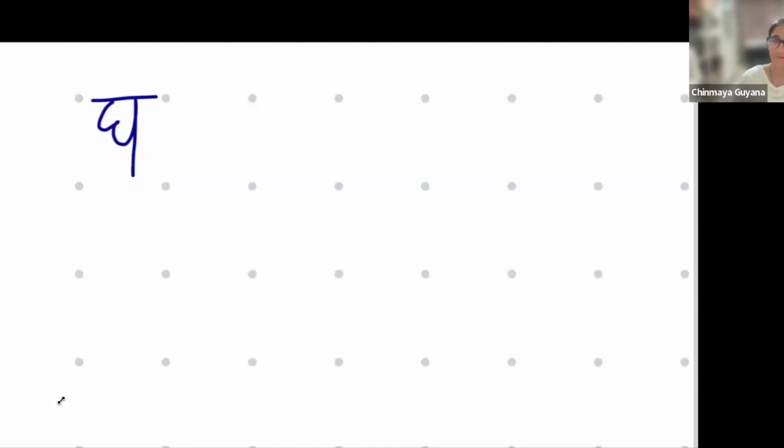It could look like whatever you want for you to remember it is a Gh. And please see how both lines touch the top. Okay, make sure that they both touch the top line.